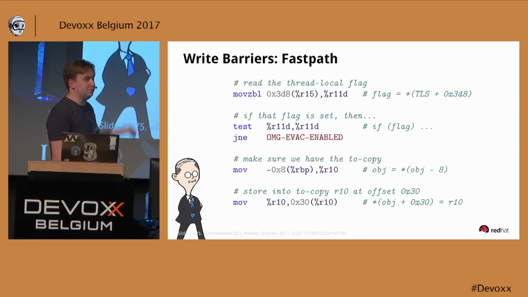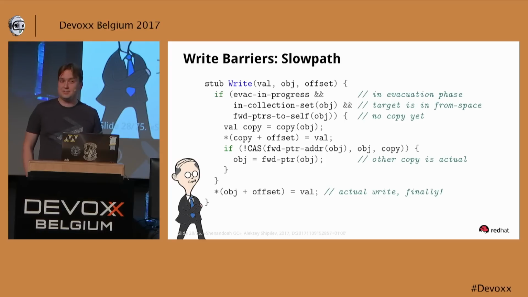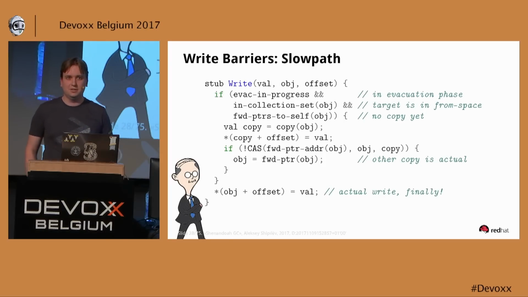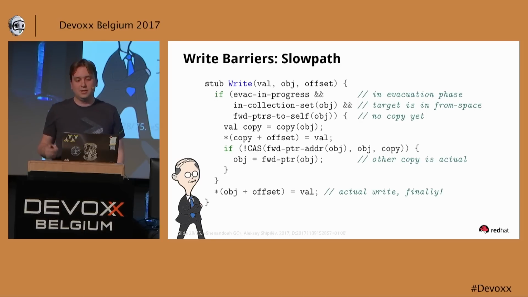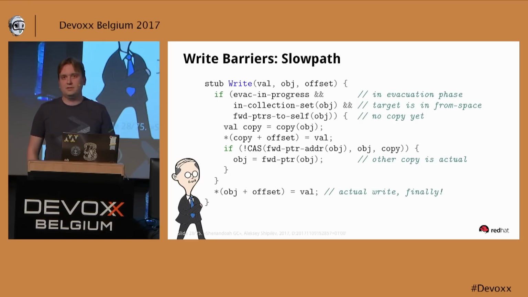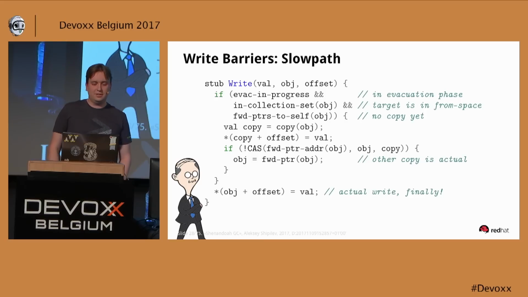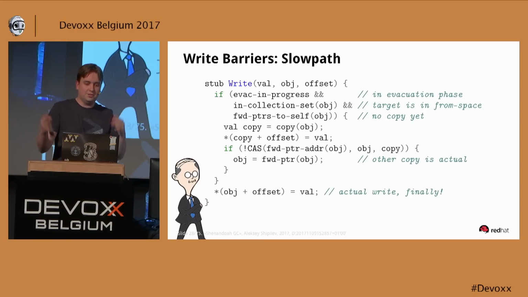So that slow path, I wouldn't bother you with assembly. It's kind of hard. So pseudocode instead. It's eerily similar to what you will do in Java and what we did in the Java example. We say that if you want to write value to object at a particular offset, before we do that, let's check that we are in the needed configuration. So evacuation is enabled, and we are in this GC phase.